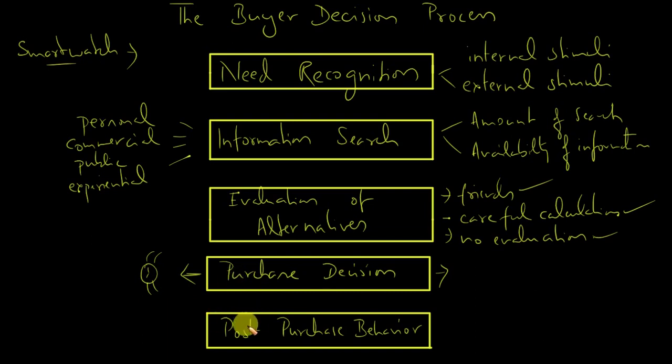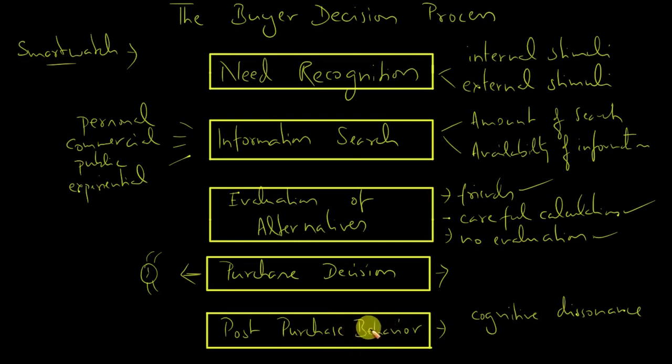Now, after buying, in most purchases, customers go through a dissonance stage, a cognitive dissonance stage. So many customers go through something called cognitive dissonance. What this means is the customer feels some sort of lacuna in the product and thinks that the purchase is not good because every purchase has some drawbacks.